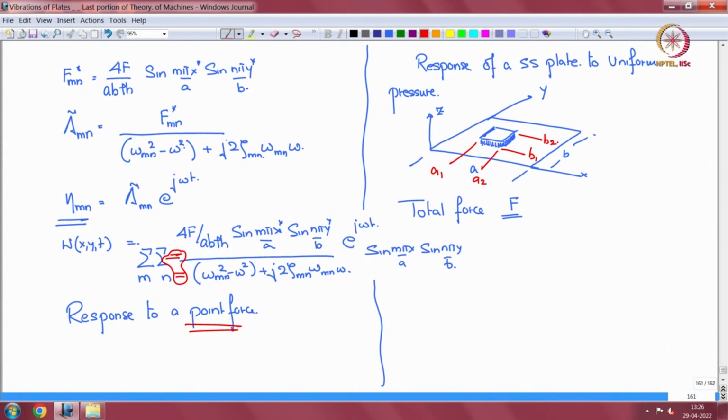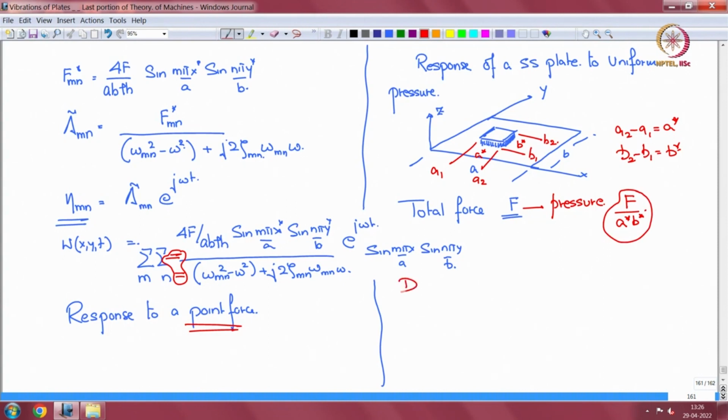So the pressure, let us say this length is A star and this is B star, A2 minus A1 is A star and B2 minus B1 is B star. So the pressure is F by A star B star. That is force per unit area. So already the area we have matched.